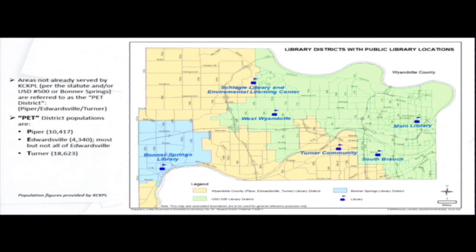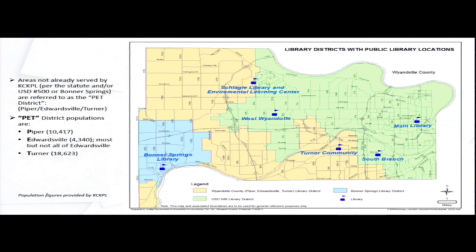And then lastly in blue is Bonner Springs. We've also provided little building flags to show where the different libraries are located. You can see most of the libraries are located within USD 500, but there is one, the Turner Community Center, which is in the PET district. And then Bonner Springs has their library.